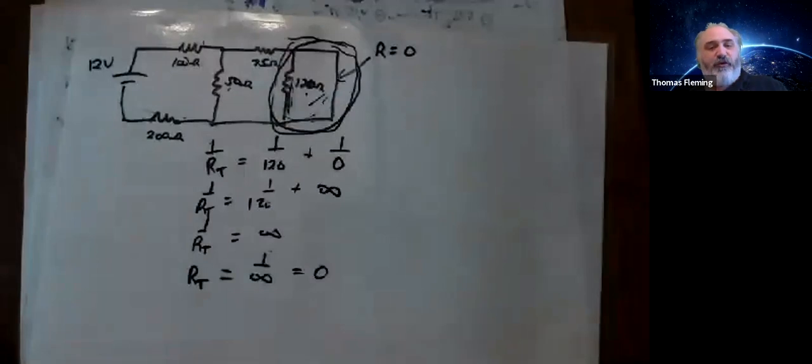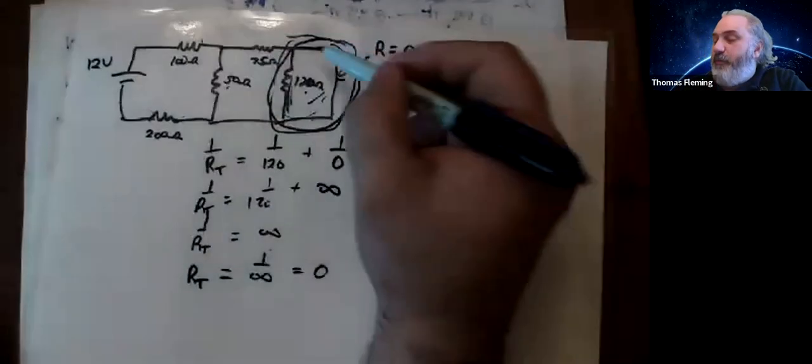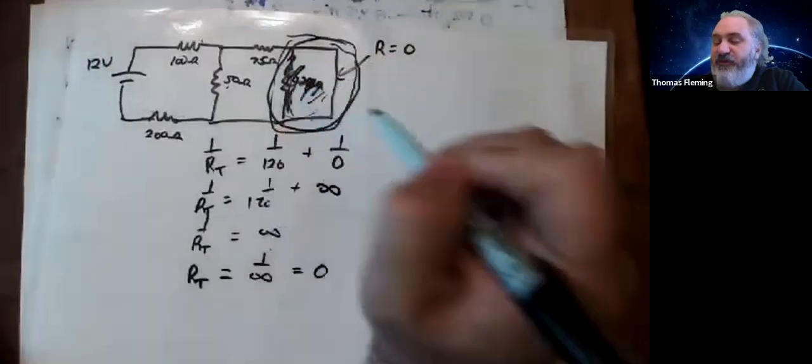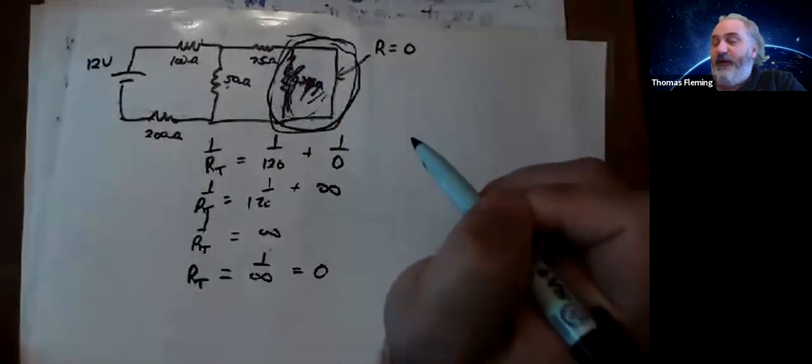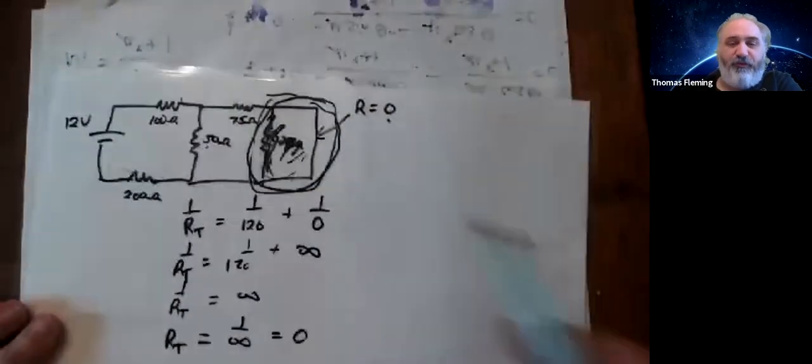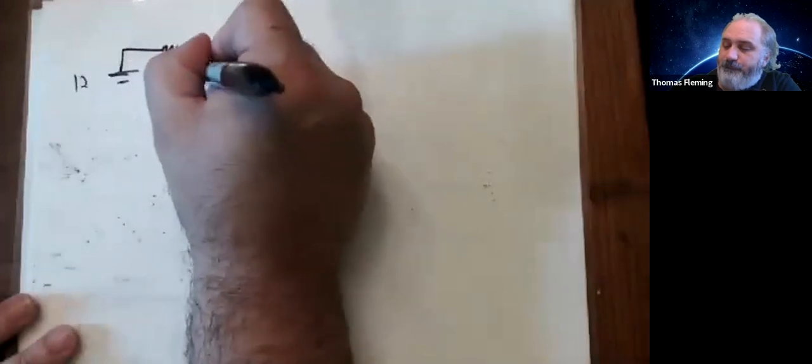So that was the thing I wanted to point out, is like, what effect does a short circuit have? Basically, you put a short circuit there and it's like the other parts that are being shorted out, they might as well be gone. I could take this out of the circuit and it wouldn't change my answer at all. And in fact, now that I know that, I could just redraw this with this whole section replaced by a resistance of 0. Was there one on the bottom? There was.